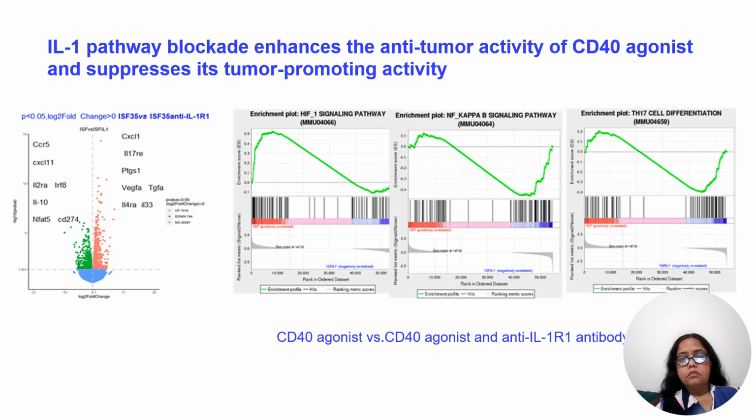And all these pathways are associated with tumor growth or suppression of anti-tumor immunity. Blockade of interleukin-1 suppresses all these pathways.